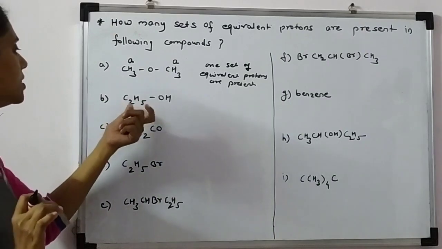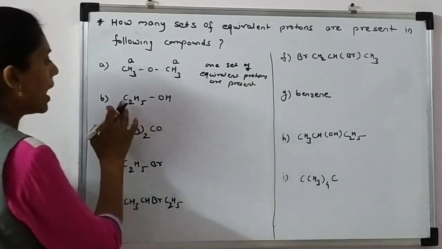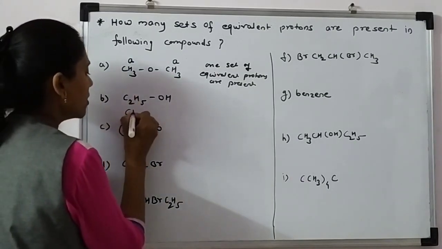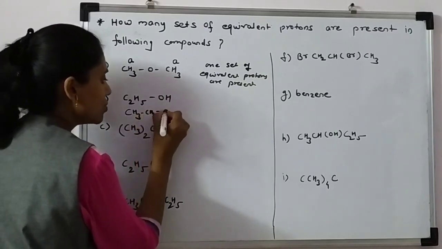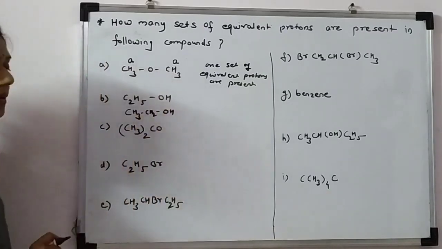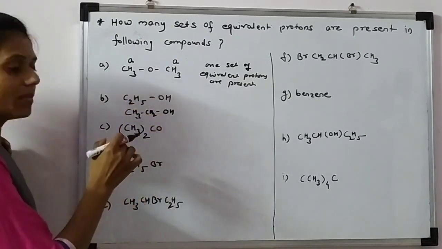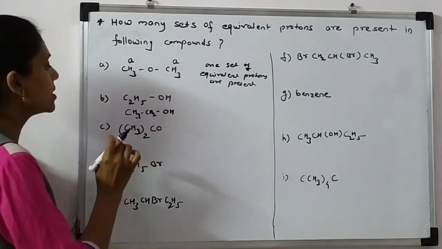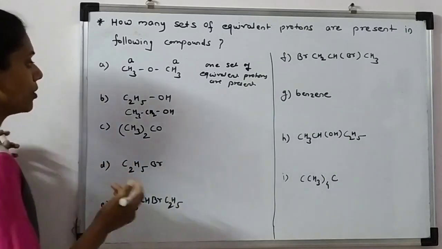Next one, C2H5OH, ethanol. I have written it in this form, CH3CH2OH. Both are the same, but we elaborate the structure so we can see the environment of the protons.